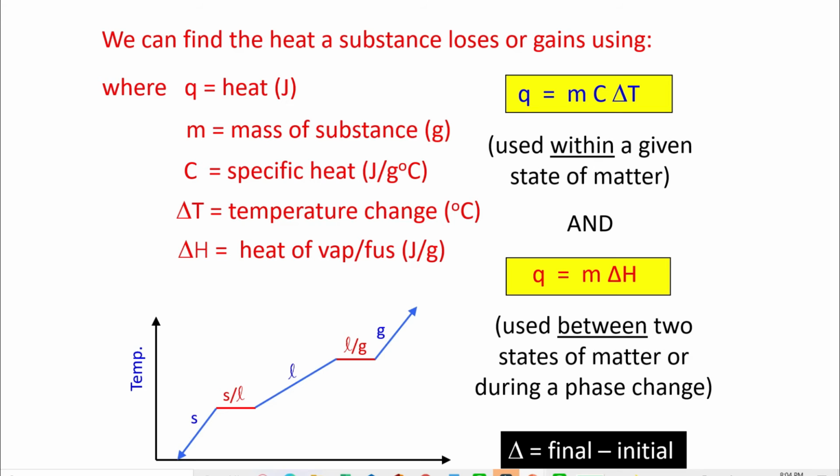For the blue parts of the graph, S, L, and G, we will use Q equals mc delta T. And that's for our heating curve problems. Remember, when it goes from solid to gas, you have a positive change in heat, an increase, and when it goes from gas to liquid, you have a negative change in heat.